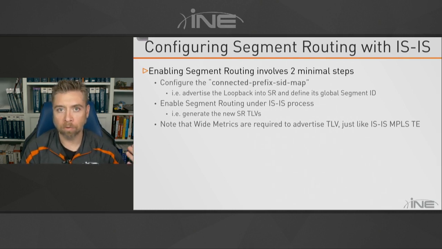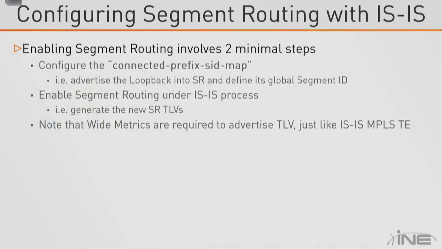If one router is running metric style narrow and the other is running metric style wide, they won't be able to communicate. If you still have legacy boxes that don't have this command on, you can run metric style transition to support both at the same time. But otherwise, be careful with this. You don't want to accidentally cause an outage because the metric style is not in agreement between the routers.